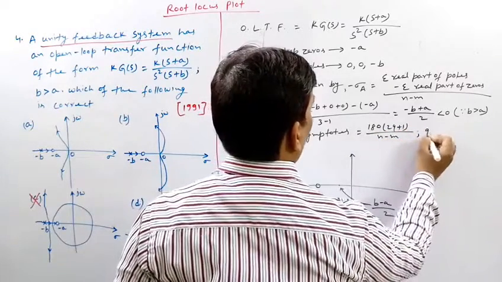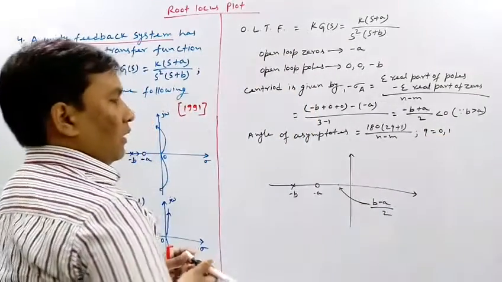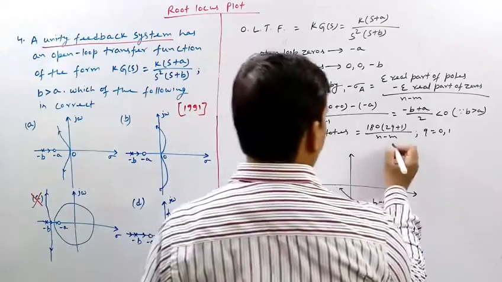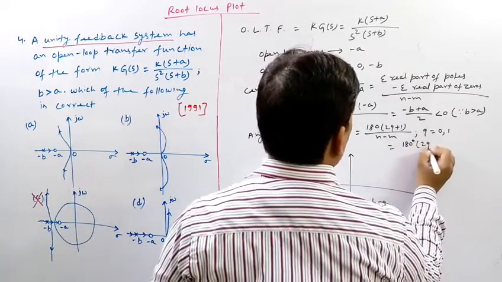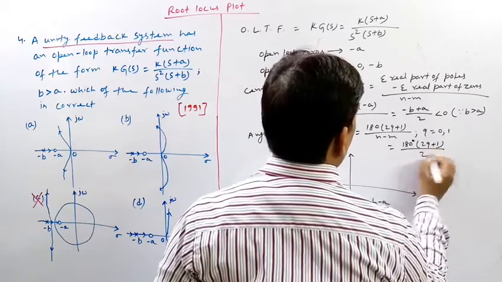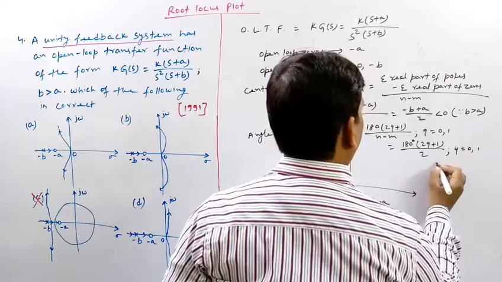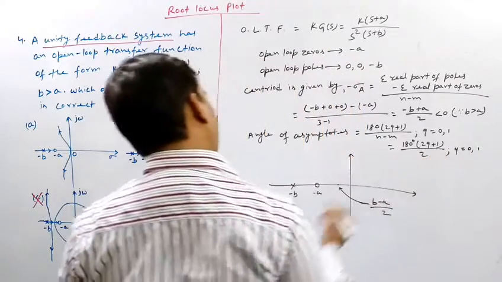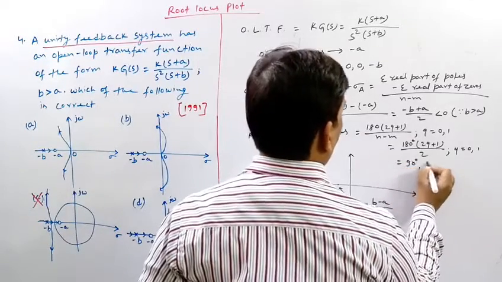And q will be from 0 to 1 because there are 2 asymptotes only. So this will be 180 degrees multiplied by 2q plus 1 divided by 2, for q equal to 0 to 1. So it will be nothing but one 90 degrees and another 270 degrees.